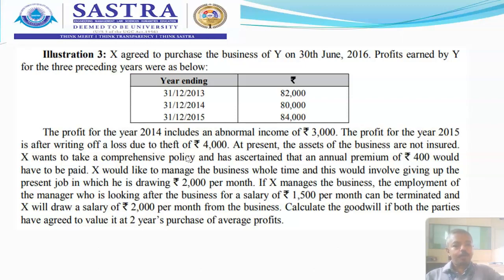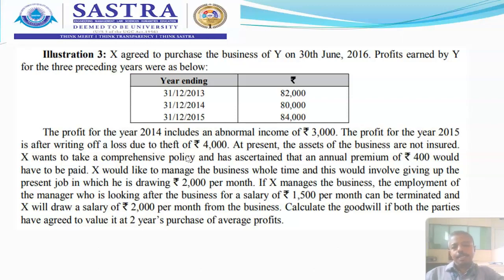We have an abnormal income, which is not going to be regular, but it has been added and uplifted your profit to 80,000. So now we have to subtract that. From 80,000 if we subtract 3,000, 77,000 is the result.